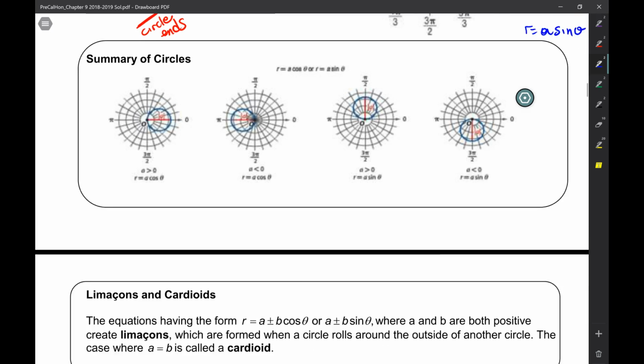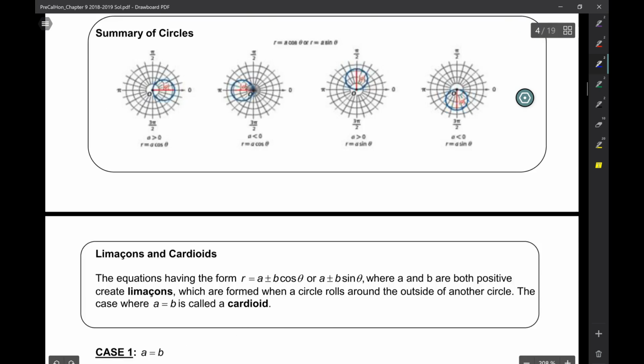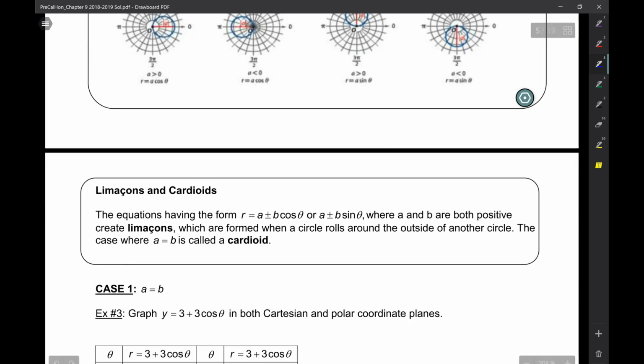Yes? Right, so negative or positive tells you the location. And is the absolute value of a always the diameter? Yes. Okay. Now, so this is one type of equation.